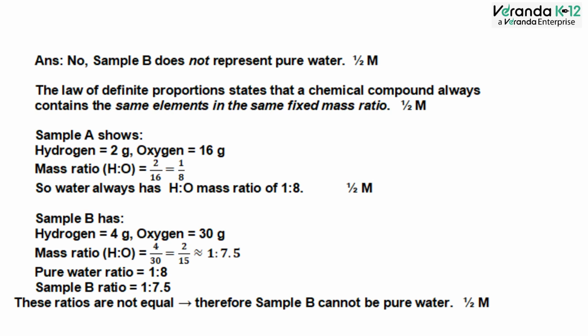So the mass ratio of hydrogen to oxygen is 1:8. In sample B, hydrogen is 4 grams and oxygen is 30 grams, which when we simplify, the ratio comes as 1:7.5. If it is pure water, the ratio should be 1:8, but in sample B the ratio is 1:7.5, which means sample B is not pure water.